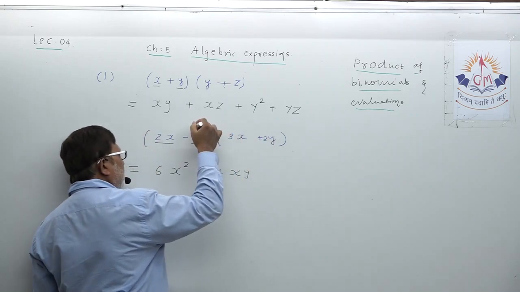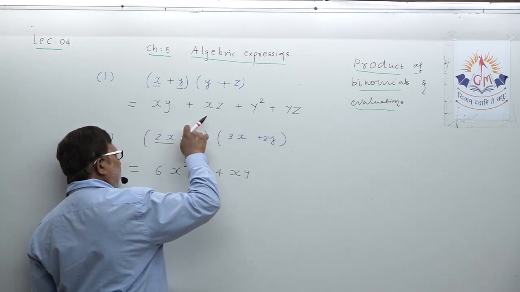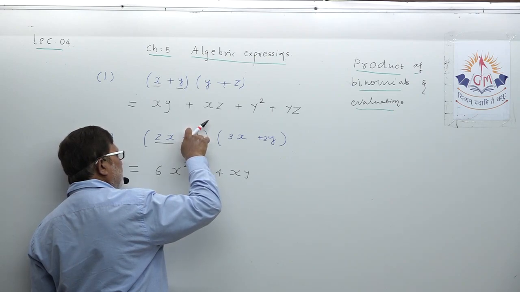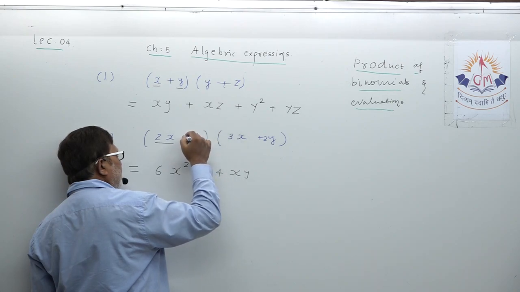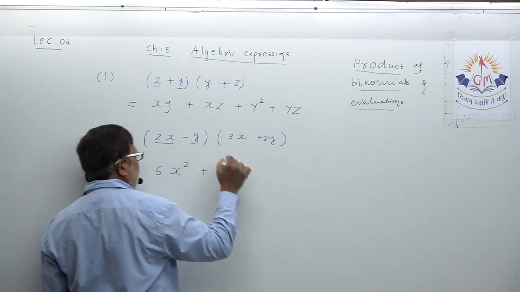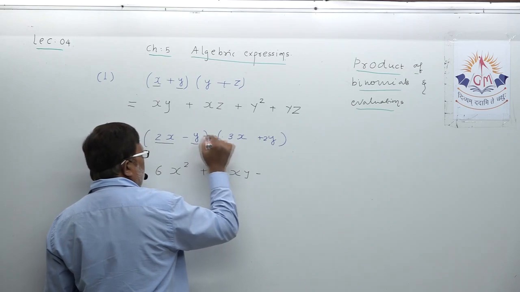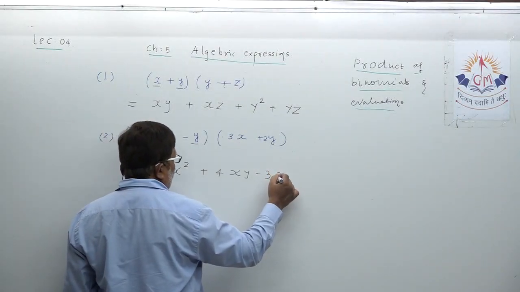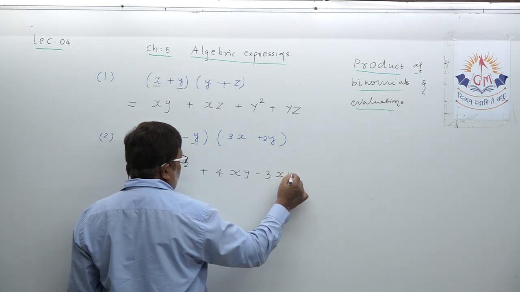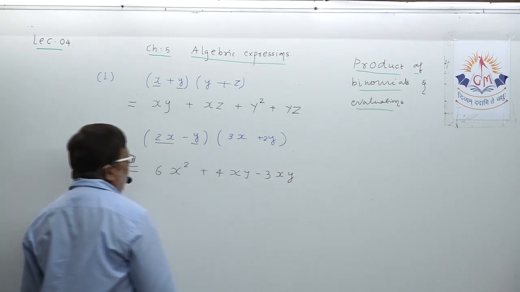You understood? The first, minus y to be multiplied with 3x: minus plus minus, 1 three is 3, x into y, because of different variable, no addition of power.